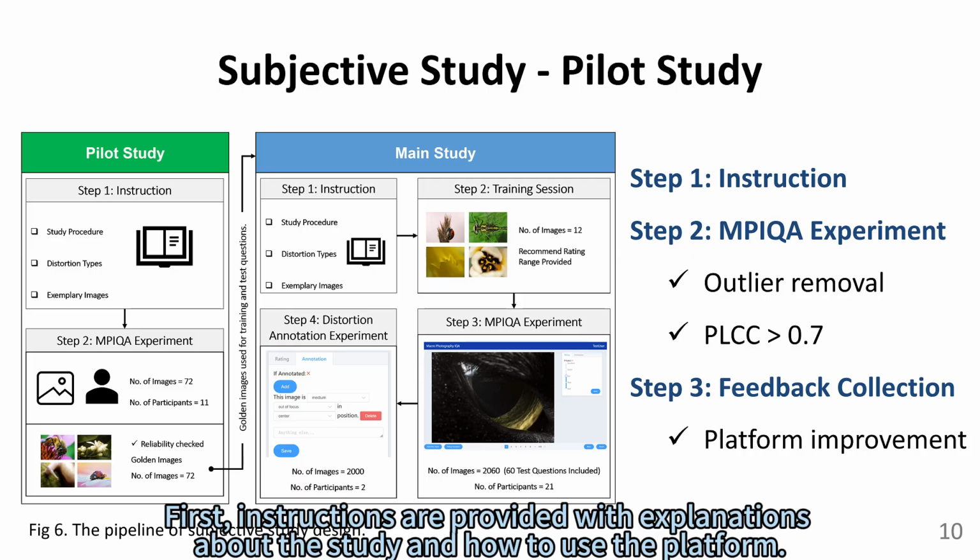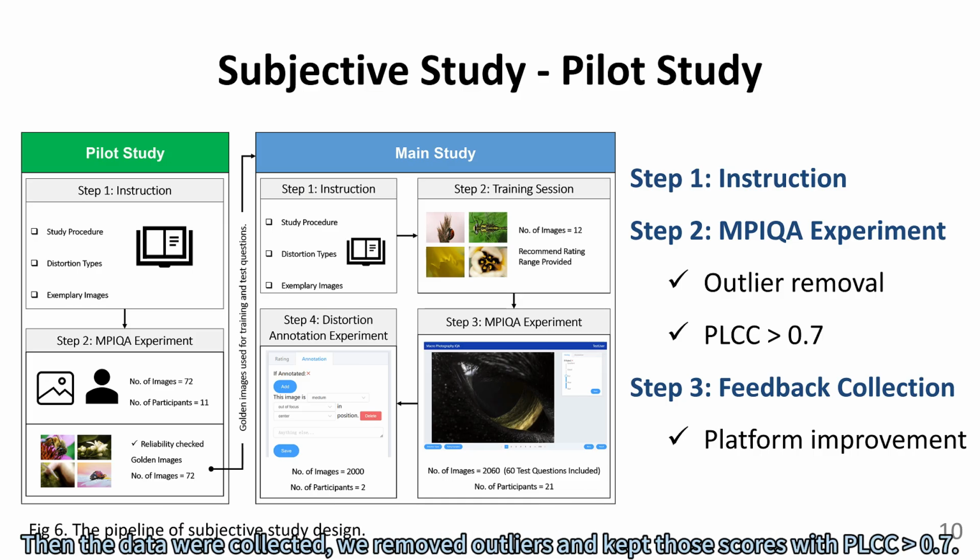First, the instructions are provided with explanations about the study and how to use the platform. Then, the data were collected. We removed outliers and those scores with PLCC less than 0.7.